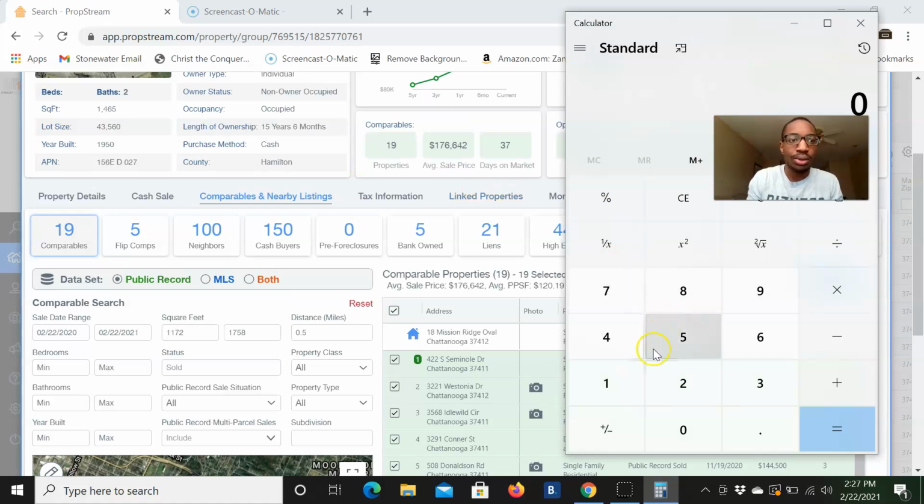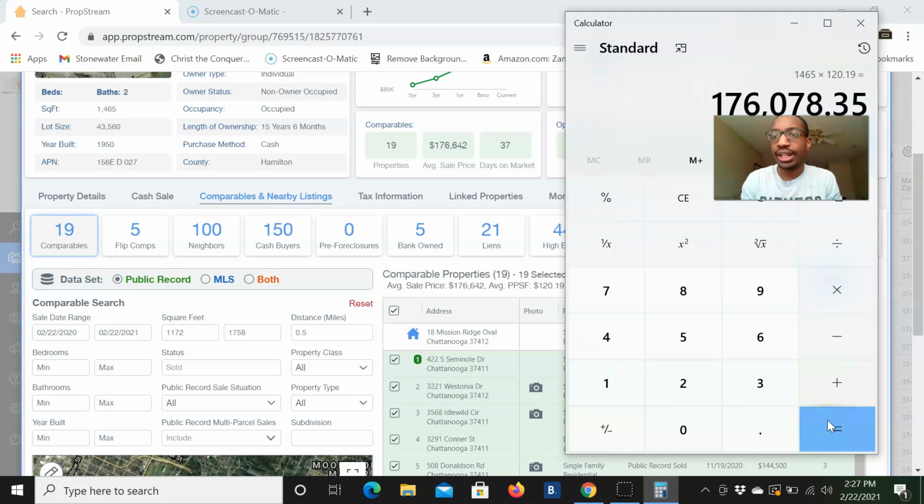So I would put 1465 multiplied by 120.19, and that's $176,078.35. As you all can see, it is close to this average sale price.